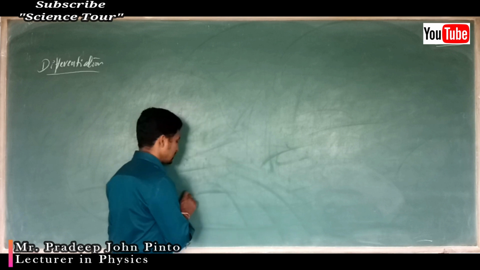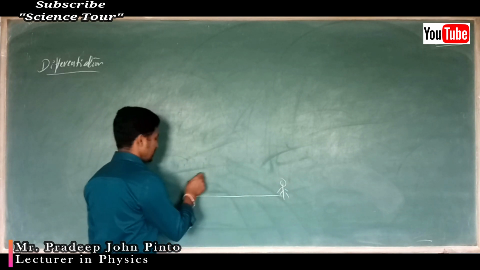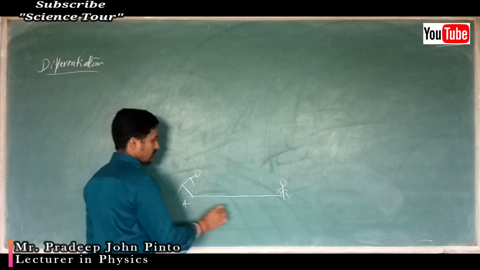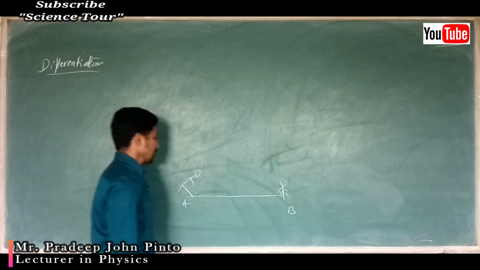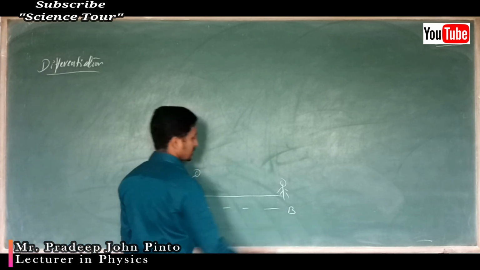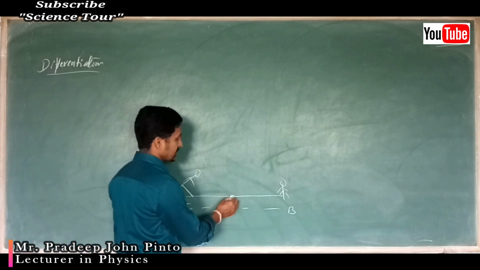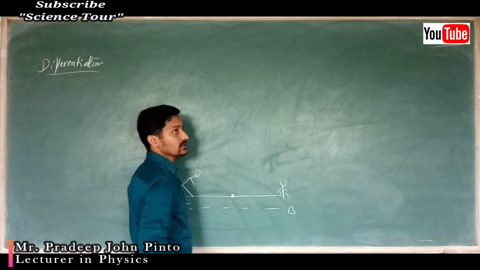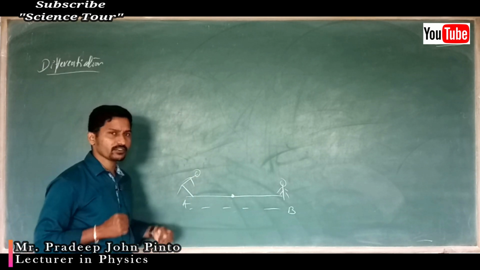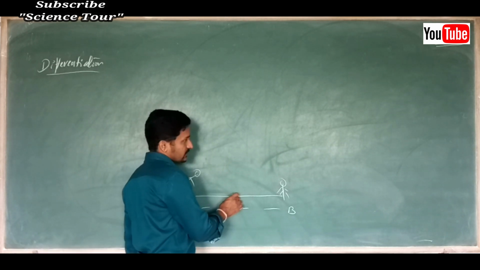Instantaneous velocity means, say some distance is there, and a person is running from point A to point B, whatever the distance may be. Somewhere along this distance, what was the velocity? First it is 0, then it increases, he runs very fast, and reaches some velocity.